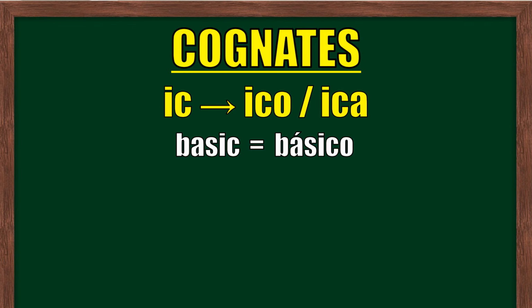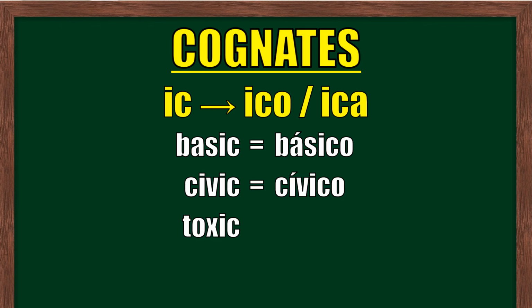Civic becomes cívico. Toxic becomes tóxico. These words could all end in A as well. If they're referring to a feminine noun, then they would be básica, cívica, and tóxica.